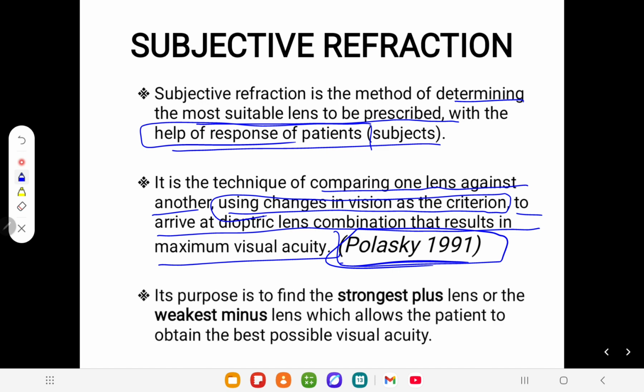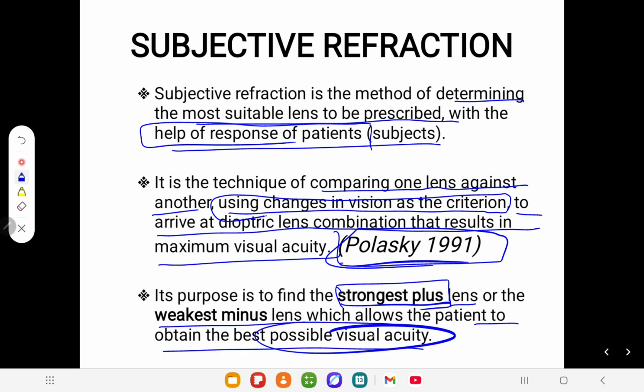Okay, so its purpose is to find the strongest plus. Just remember this, it is very important when we talk about subjective refraction in detail. The strongest plus lens or the weakest minus lens which allows the patient to obtain the best possible visual acuity. So we want the best possible visual acuity, but with the strongest plus or weakest minus.